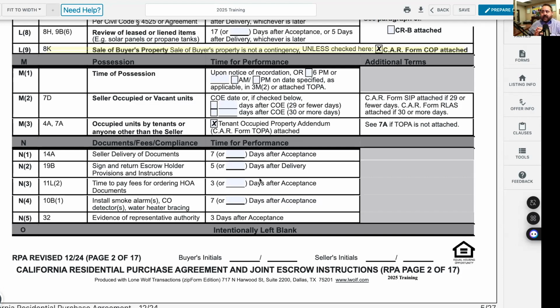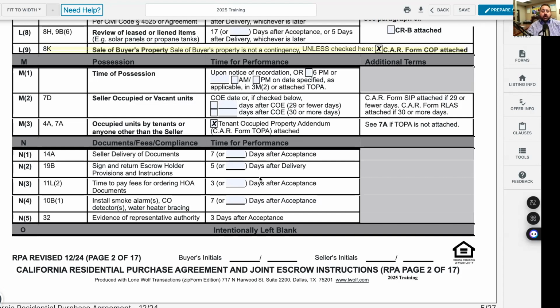I think a lot of times both buyer's agents and listing agents ignore that this is required to be given to the other party, but it is. You have to be prepared that at some point you're going to run into an agent on the other side who understands that you're required to provide that, and if you don't, that could generate a notice to perform to get you to do that.